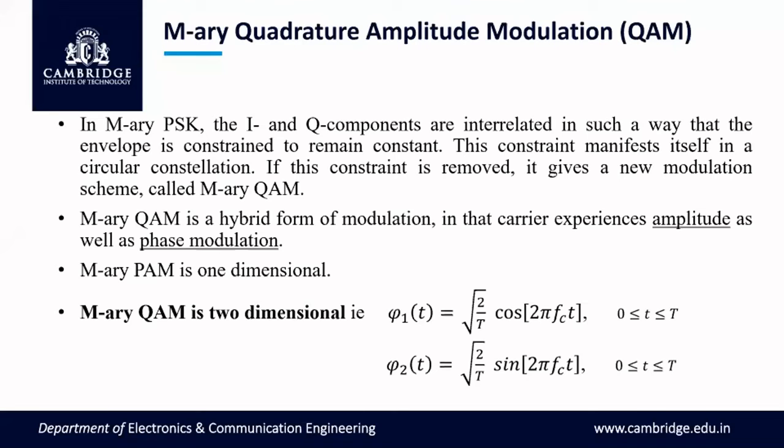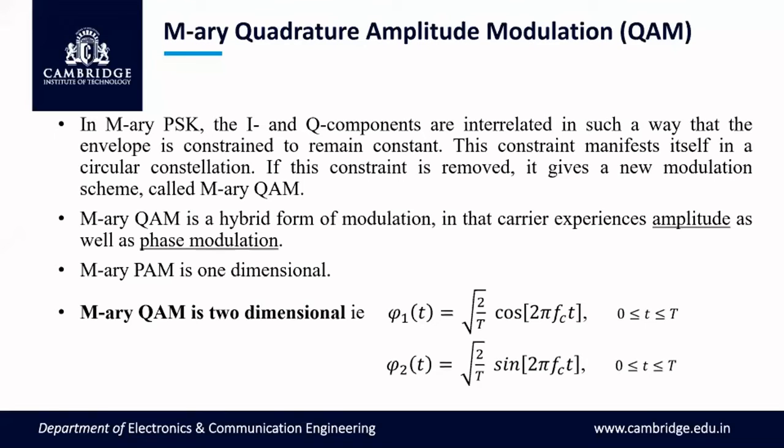The carrier signal has two parts, cos 2 pi ct and sin 2 pi ct. Both phi 1 and phi 2 will have different amplitude levels. Phi 1 is going to have one level, phi 2 is going to have one level. Both levels put together become one symbol. Like this, we can make M combinations.